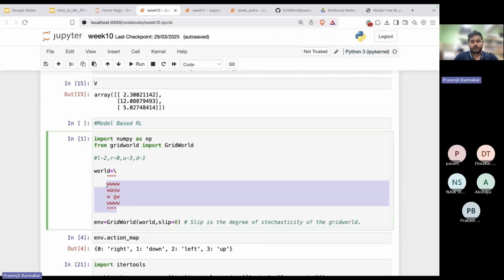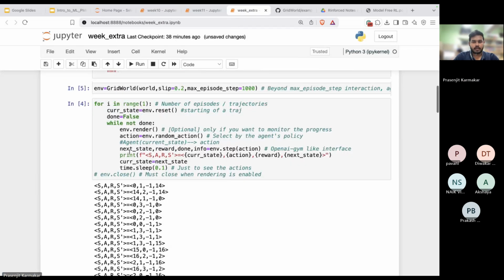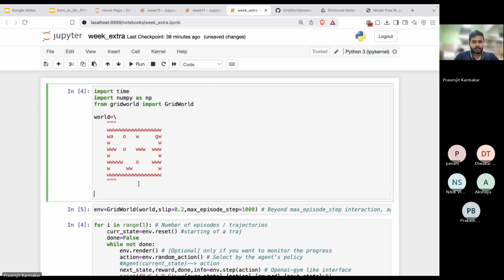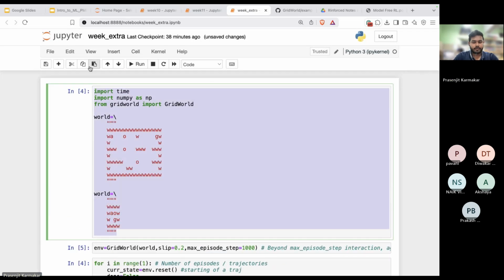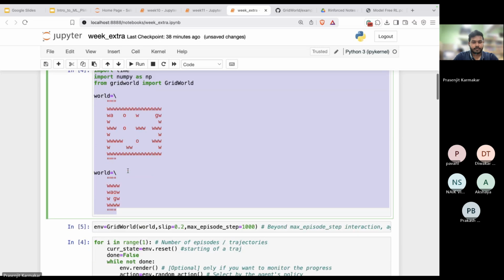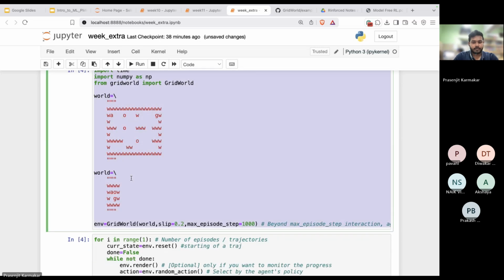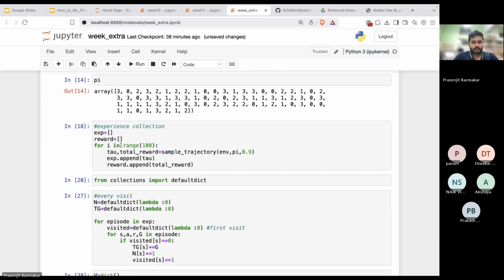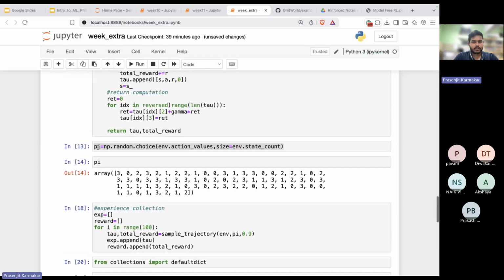Here, this is the smallest environment we have. Okay, let's just put everything together now.